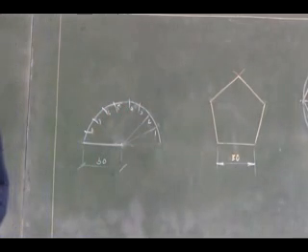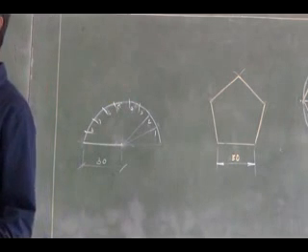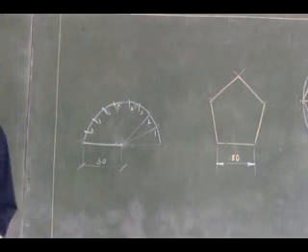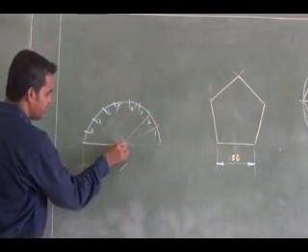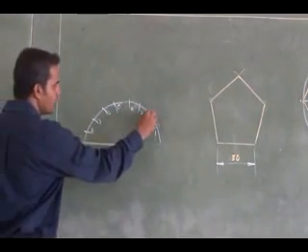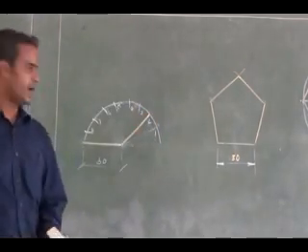Right. So from where do you have to start? From the second division you have to start. Whatever the polygon size, the number of sides, you start from the second division. So this is my first side and this is going to be my second side. So from here I have to start.